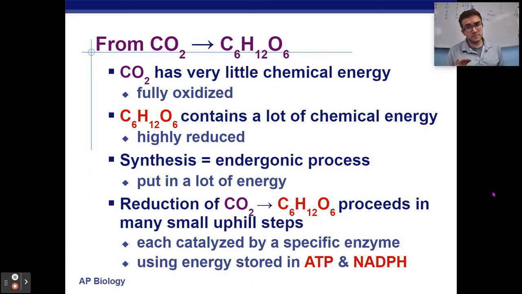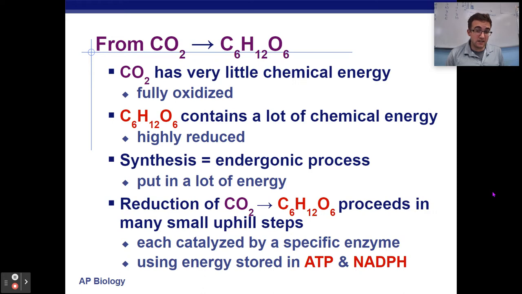We're not going to discuss the process in too much detail of what actually happens during the Calvin cycle, but in essence, CO2 is fully oxidized, so that means CO2 has as few electrons as possible to get away with. Glucose is highly reduced, meaning it has as many electrons as it can possibly hold in the molecule.